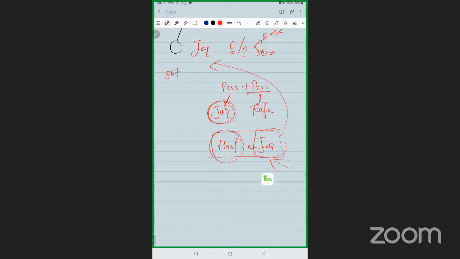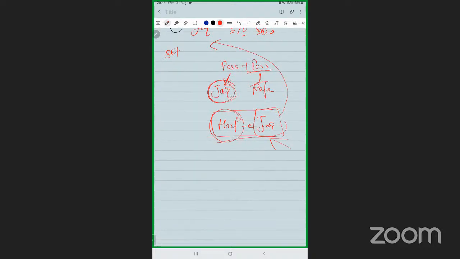The particles which bring a noun into jar position are called harf al-jar. I'm just giving you the eight or nine common ones. There are many.